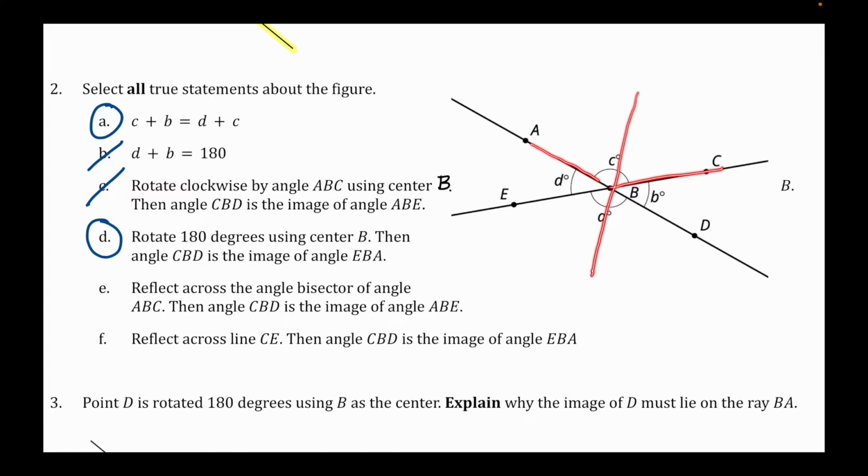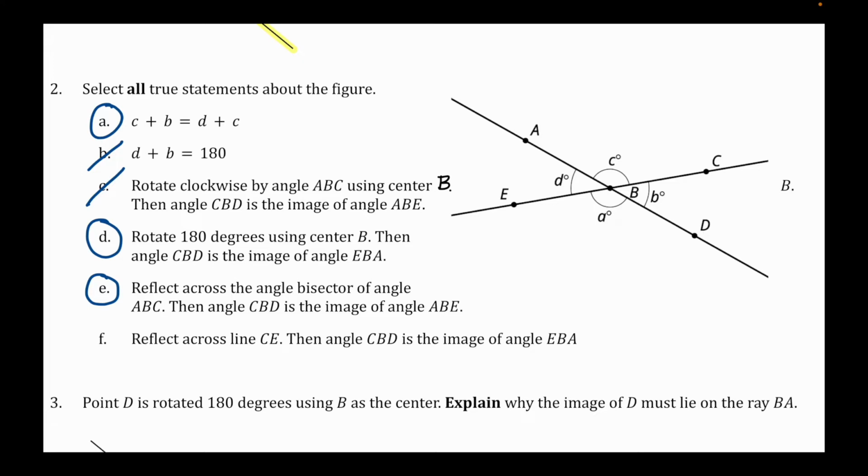Yeah, I would say this works as well. I actually kind of like the reflection proof a little bit better, but the rotation version of this, I think is the most commonly used one. So, but that does make E correct as well.